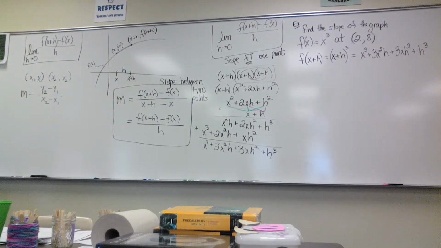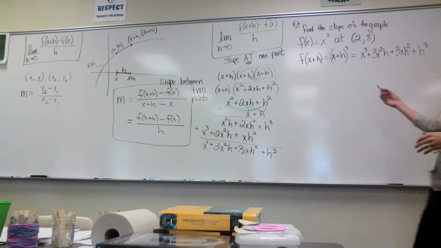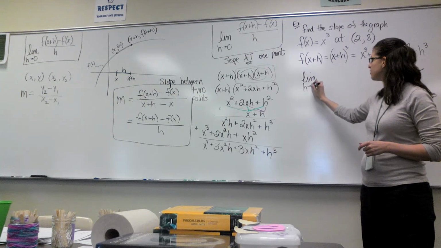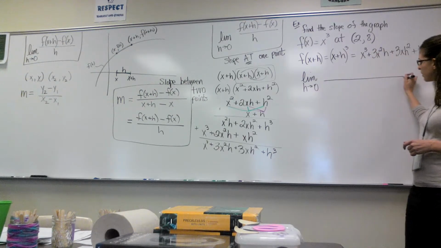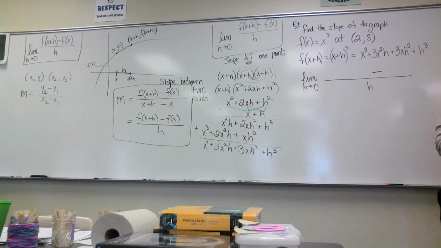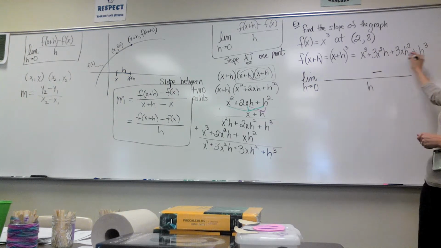Now we need to evaluate our limit. Don't forget where you're going. Okay, we need to try to find what is the limit as h approaches 0. Set up your big fraction bar, h in the denominator and subtraction on top. All right. F of x plus h is going to be this expression right here.